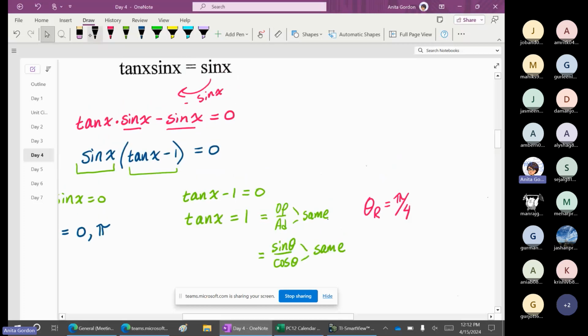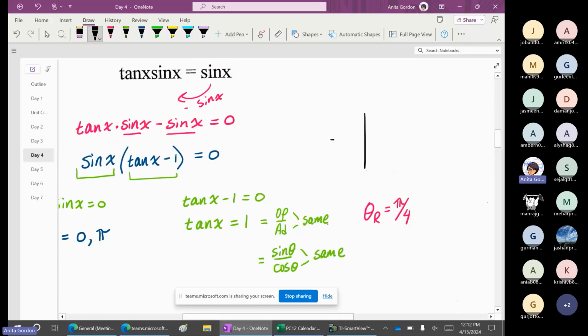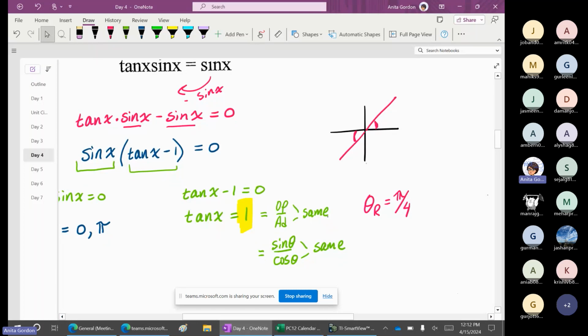Now, where on the circle is tangent positive? 1 and 3. So again, pi by 4 is my reference angle, so it's the angle between the arm and the x-axis. So it's this part here and this part here. So my options are this angle or that angle.